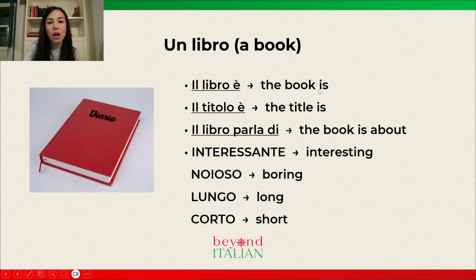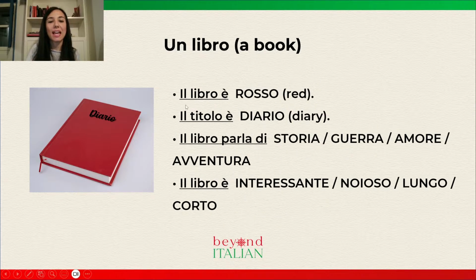Now let's see how to complete these first expressions with some information. Il libro è rosso, red. So the book is red. Il titolo è diario, diary. Il libro parla di, so the book is about, storia, history, guerra, war, amore, love, avventura, adventure.